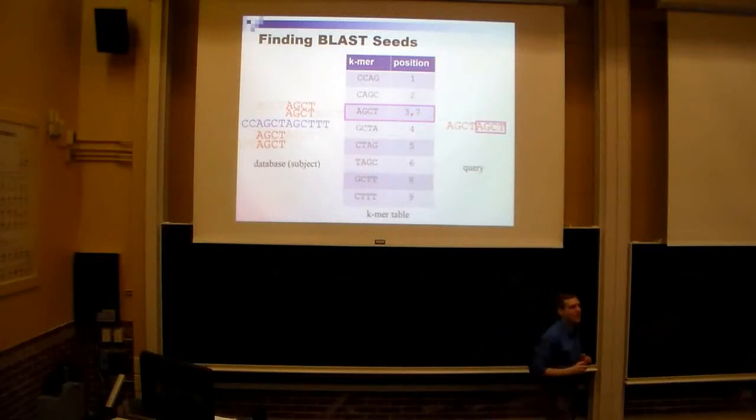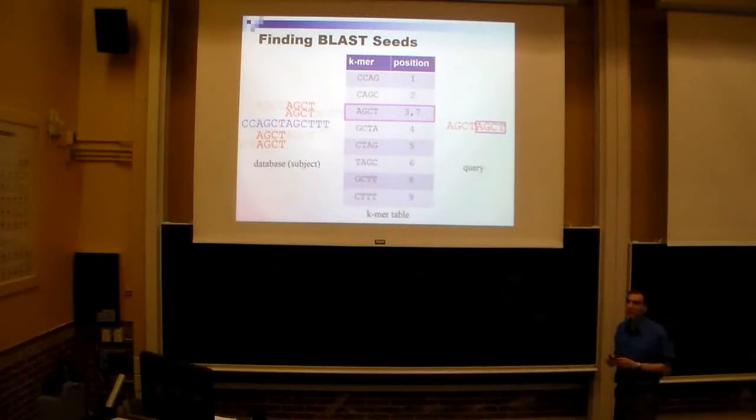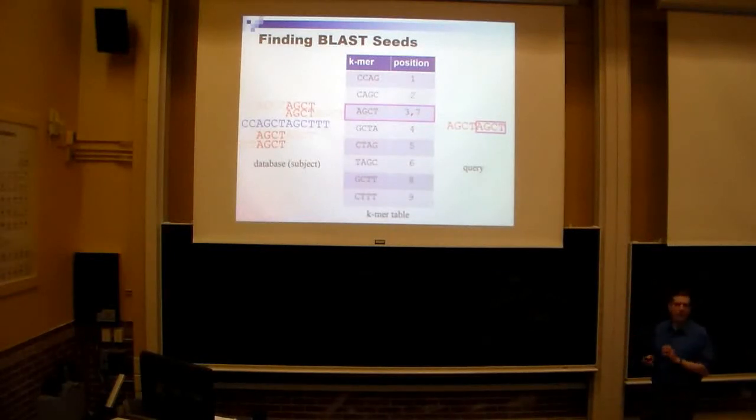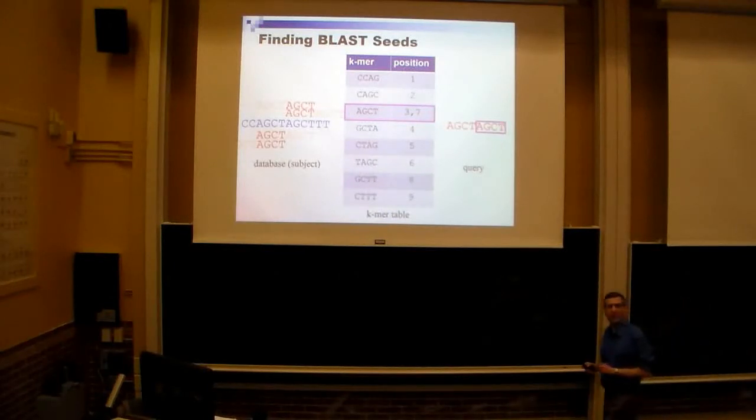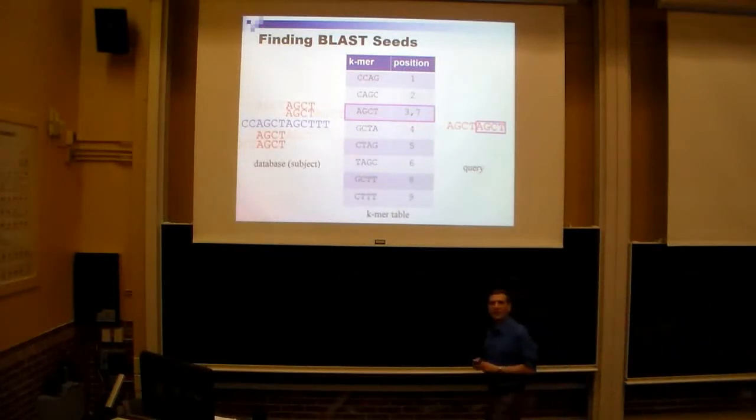So that is the fast pre-computation stage of BLAST. And the important point is that this is much faster than trying to optimally align the entire sequences. It's fast to build this table, and it's fast to look for these little k-mers and see where they are in a table like this. Any questions about that?